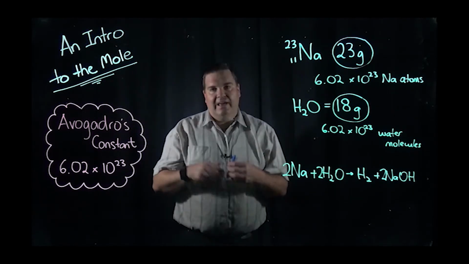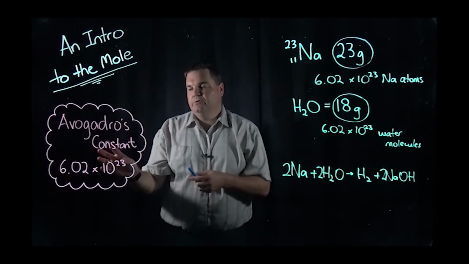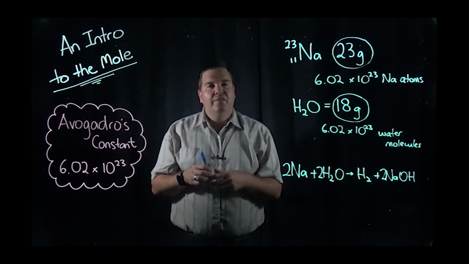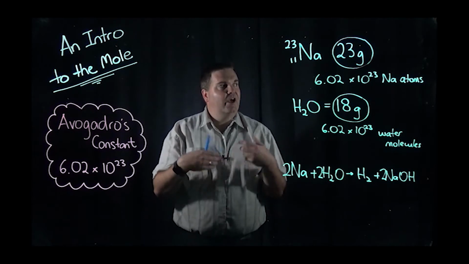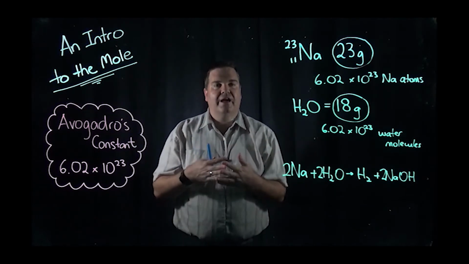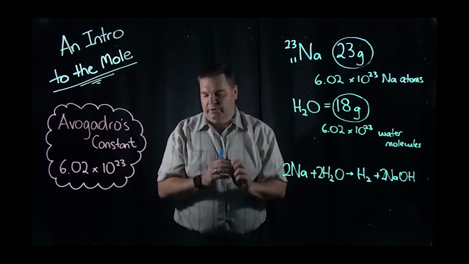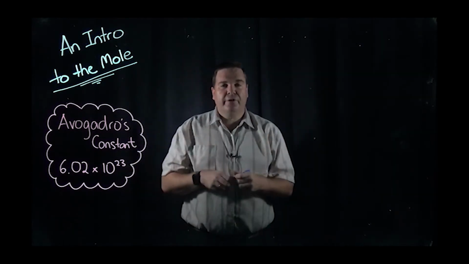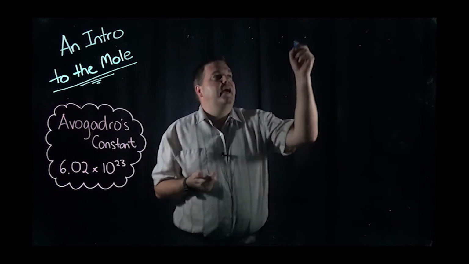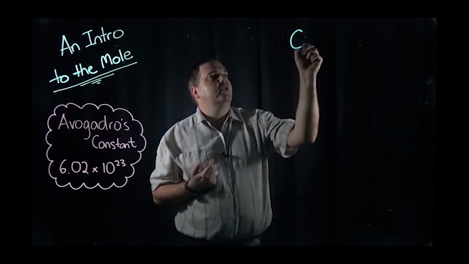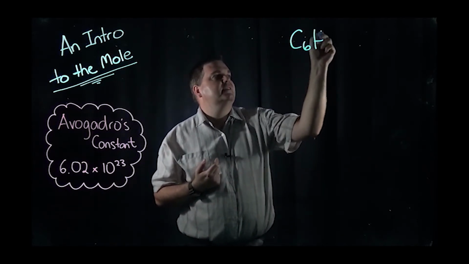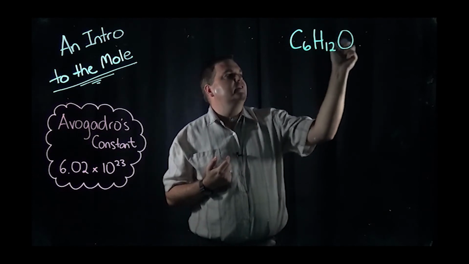So Avogadro's constant here, 6.02 by 10 to the 23, tells us, as I said, how many particles or atoms there are in a species. I'm just going to break that down a little bit more for you. In order to do that, I'm going to look at one of everyone's favourite molecules, glucose, C6H12O6.